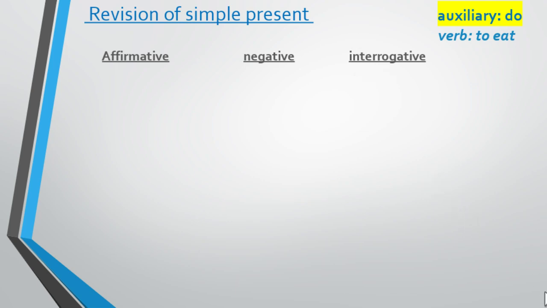So we'll start with the first personal pronoun, which is I. Okay, I eat, I don't eat, do I eat? So here we used the auxiliary do in the negative form, of course, and here we used auxiliary do in the question form, and it becomes auxiliary plus subject plus verb.